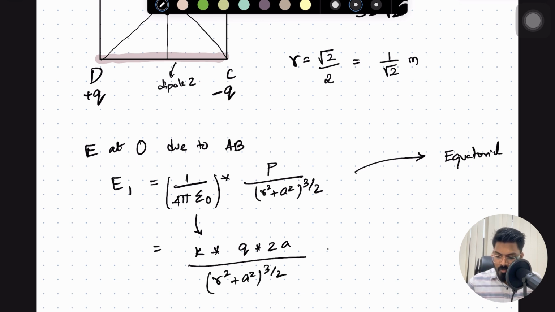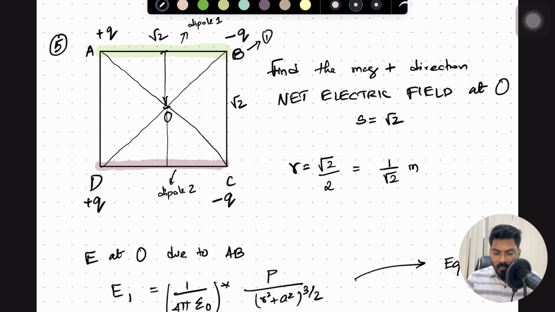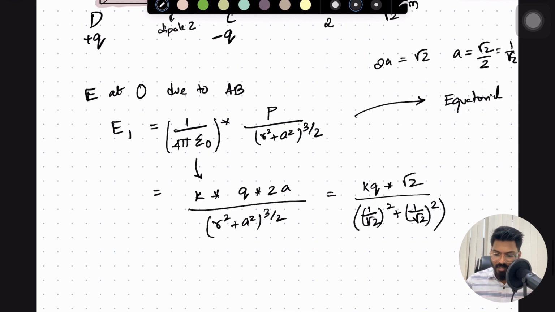So if we solve further, KQ into square root of 2. But r we have already seen is 1 by root 2 square. A is also 1 by root 2 square. Now what is A? 2A is root 2. A is equal to root 2 by 2, which is 1 by root 2, which is what we have substituted here.